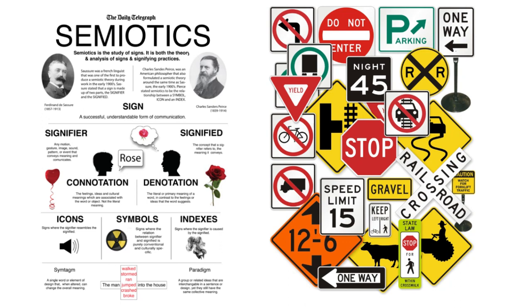There's Charles Sanders Peirce at the bottom, where he talks about icons, symbols, and indexes, which I'll get into as well. I've got other images where you see different signs and what they mean.